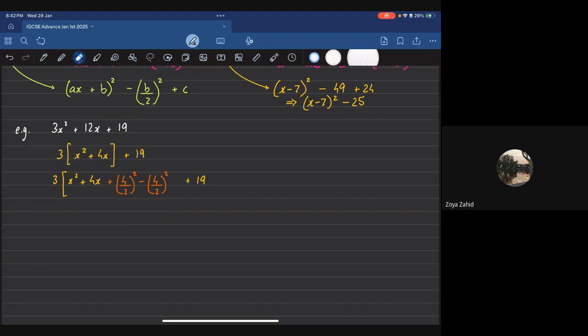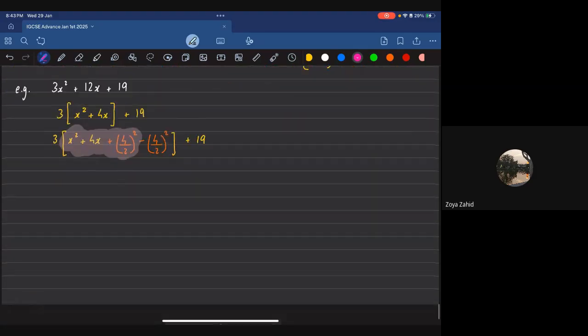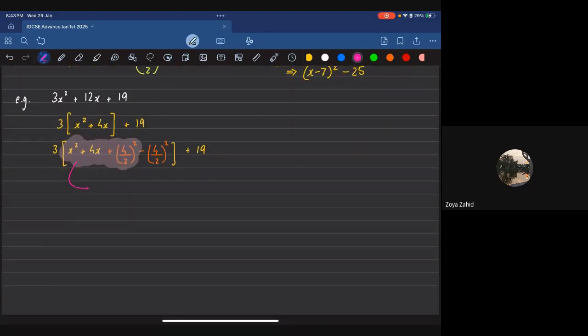So now what's going to happen? You're going to complete the square. Now I'm going to isolate this part again. Always remember it's the plus part that is being isolated. Let me highlight it. So this is going to be isolated. And what will this look like in turn? If I simplify this, it is going to be x squared plus 4x plus 2 whole squared, because 4 over 2 is 2.